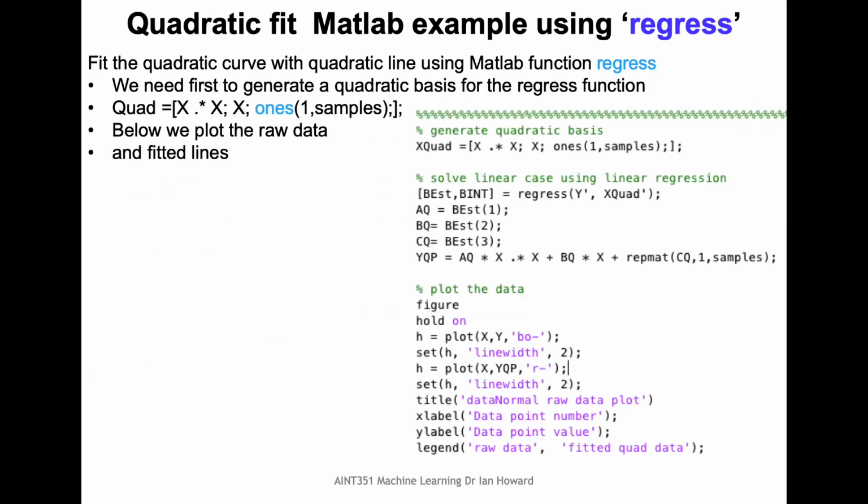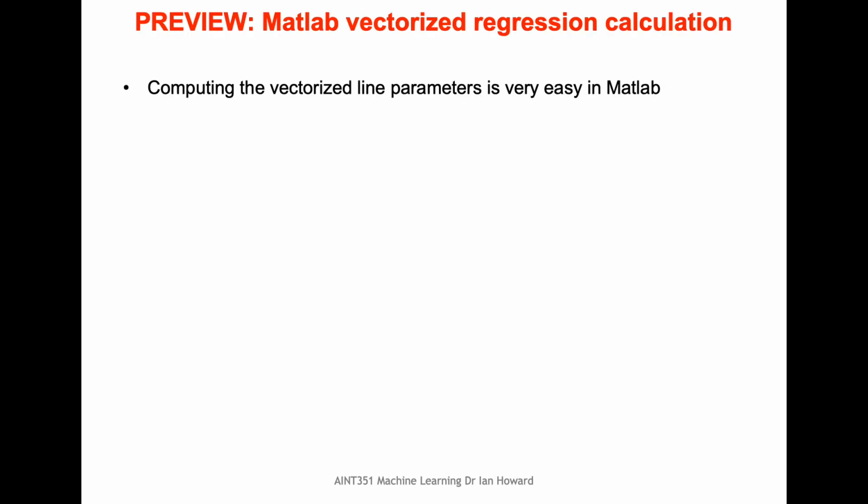Just as a last preview of the next stuff, let's think about how easy it is to do this in Matlab if you're using a vectorized representation of the data. In fact, you're not limited to a single dimension. We can have multi-dimensional regression, and the closed form solution is actually quite simple.